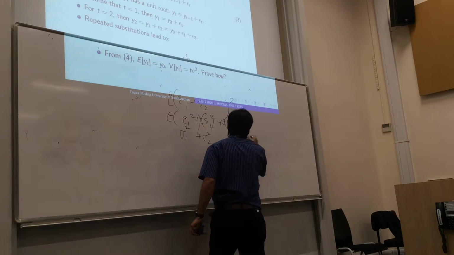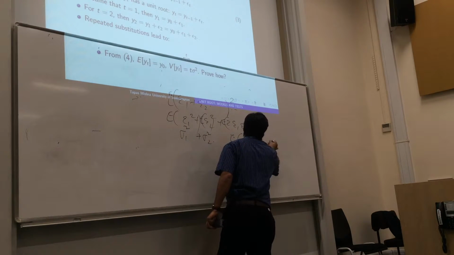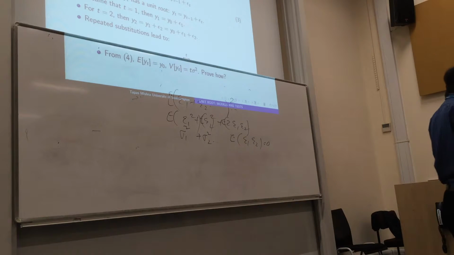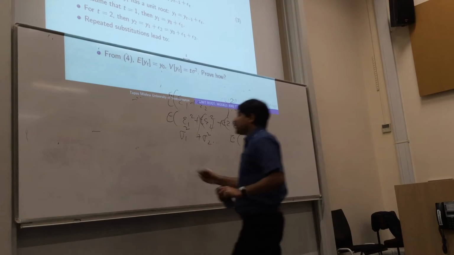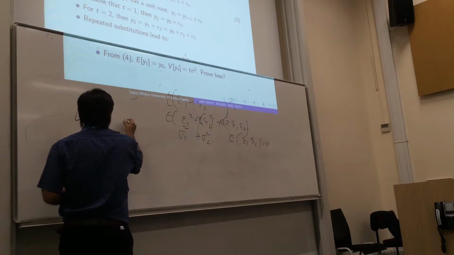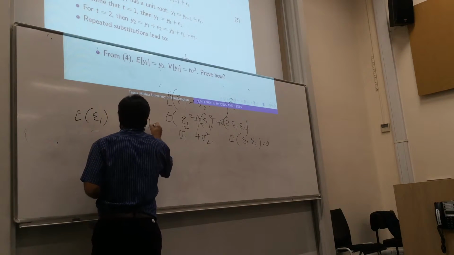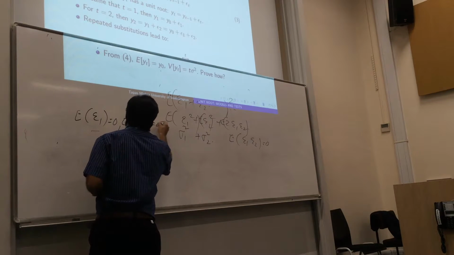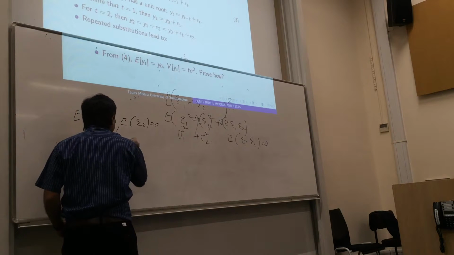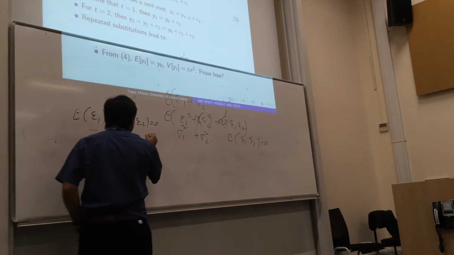Then the expectation of the covariance term is 0, by the OLS assumption that the covariance between two error terms is 0. This is because the expectation of E1 is 0 and the expectation of E2 is 0. I am assuming E1 is independent of E2.